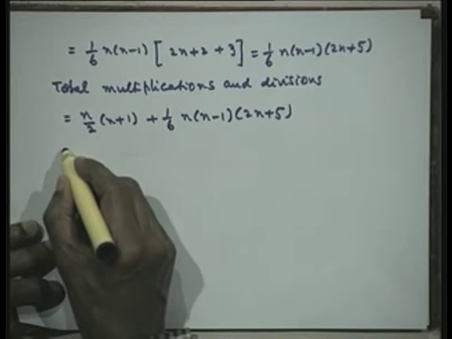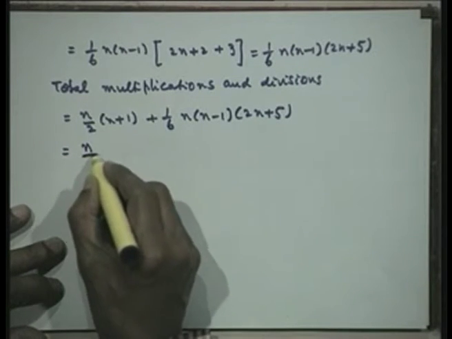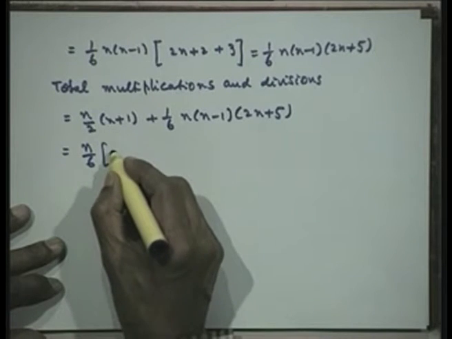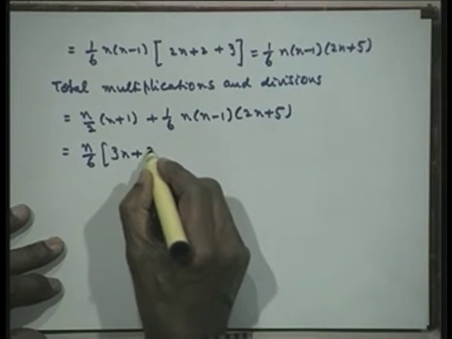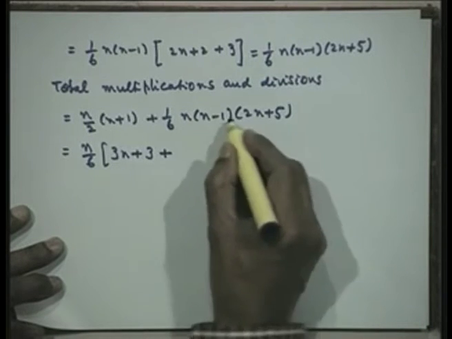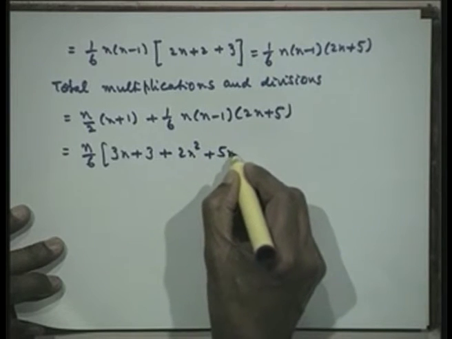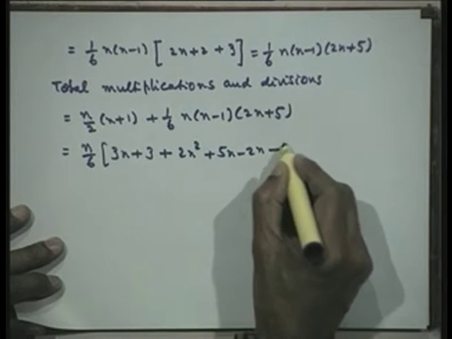Let us simplify this. I can take n by 6 common. So, that will become 3 n plus 3, plus n by 6 I have taken, let us multiply it out. This is 2 n square plus 5 n minus 2 n minus 5.